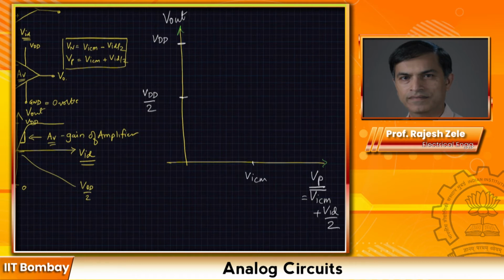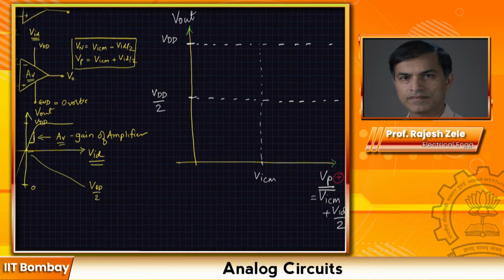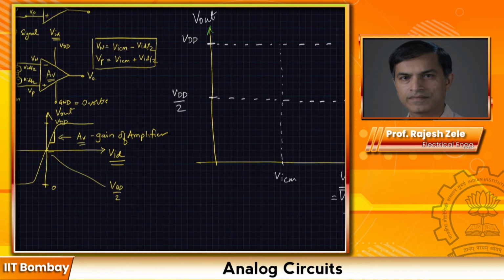So hopefully you were able to figure out how the transfer characteristics is going to look like. What we are going to do is draw a few things here as a reference for you. When Vp goes positive, we expect the amplifier to amplify the voltage quickly.